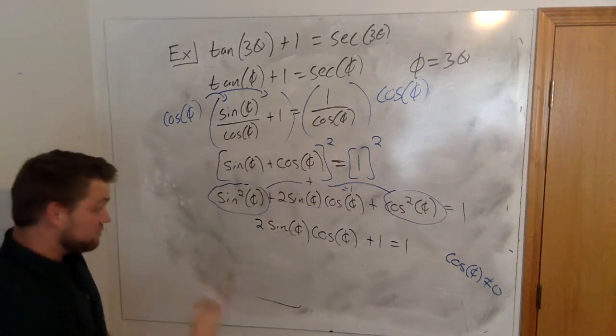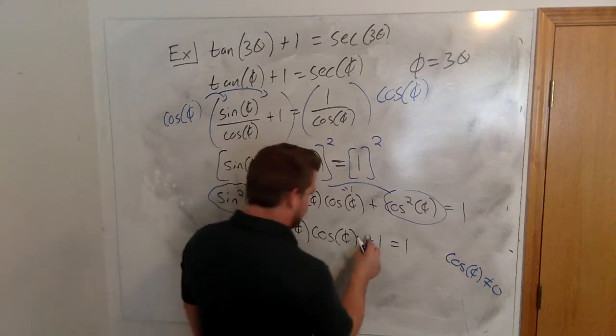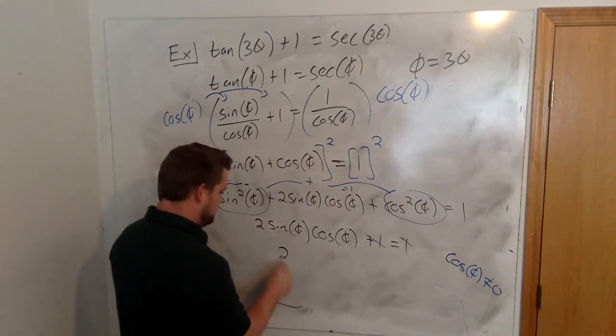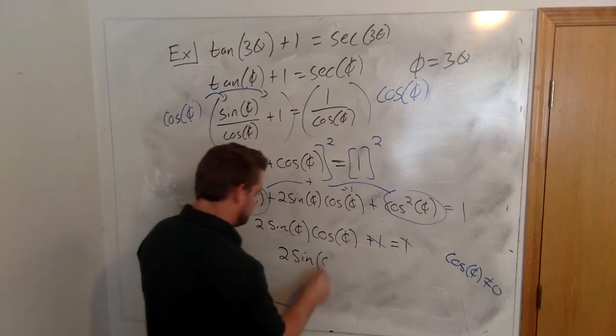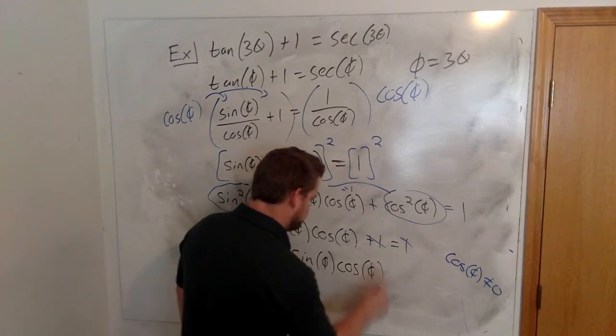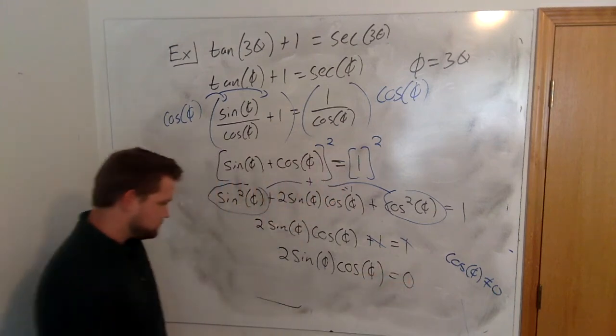Right? So we could subtract 1 from both sides, so these will cancel each other out. So we have 2 times the sine of phi times the cosine of phi will be equal to 0.